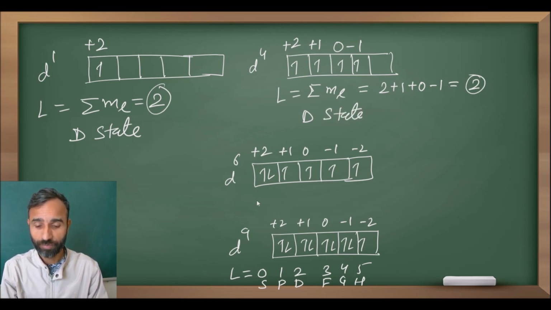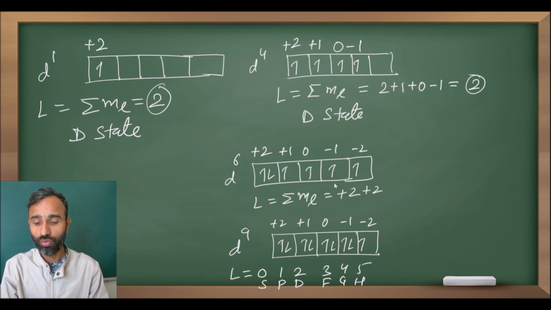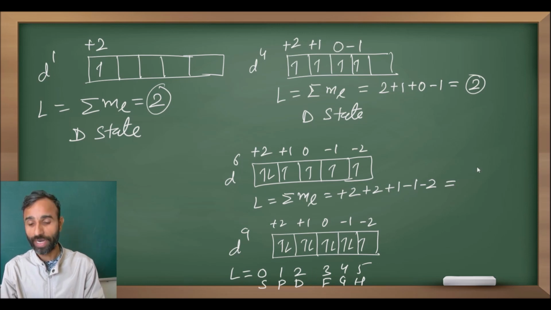D6: plus 2 plus 2 plus 1 minus 1 minus 2. That means again 2. Again D state.